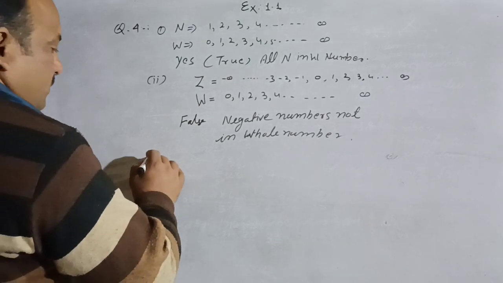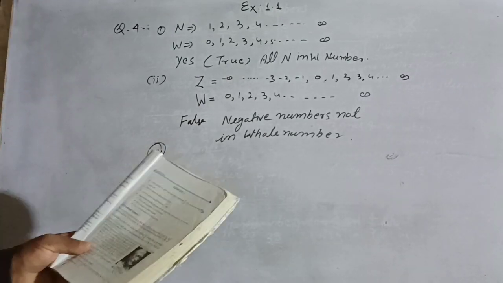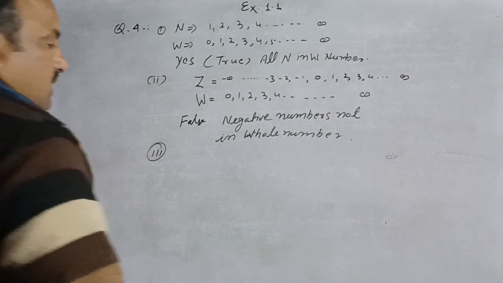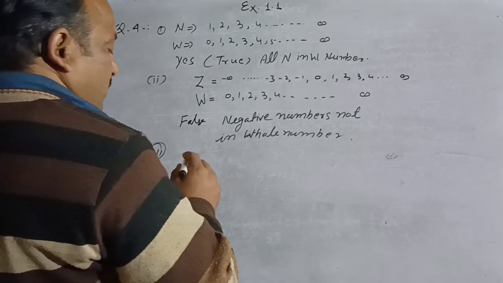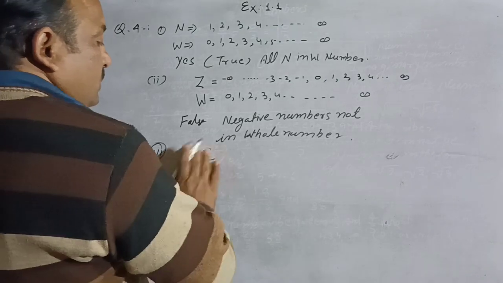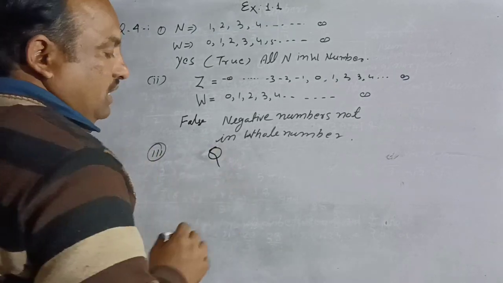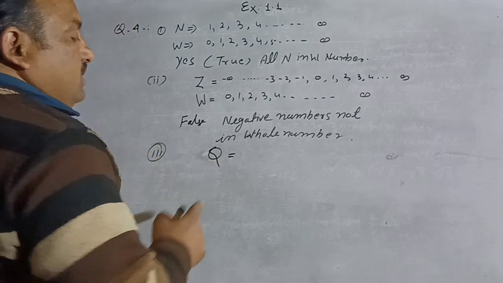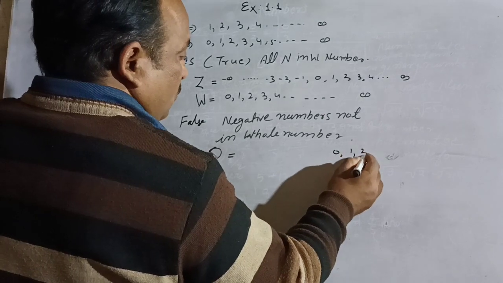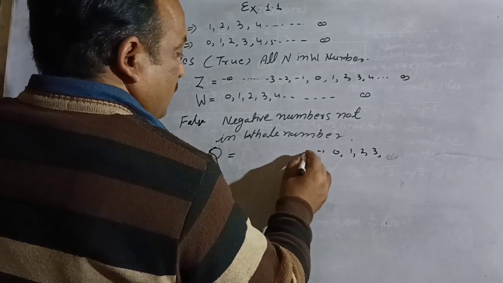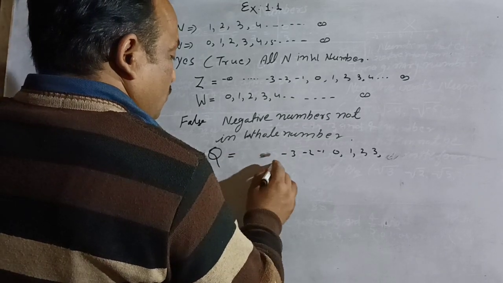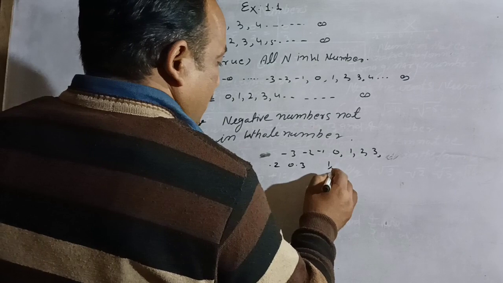Third part: every rational number is a whole number. A rational number is a number that can be written in the form p upon q, and we represent rational numbers by Q. Rational numbers include 0, 1, 2, 3, minus 1, minus 2, minus 3, 0.2, 0.3, 1 upon 2, 1 upon 3.